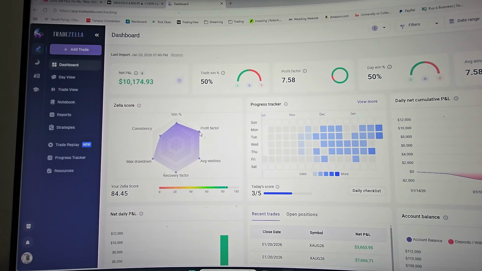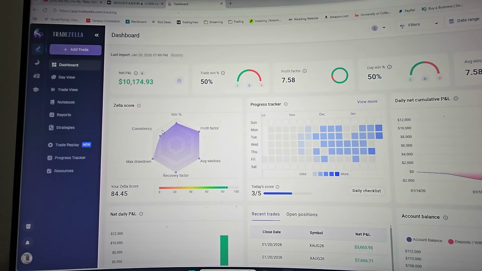So our profit factor is at 100, pretty good. Our average win to loss is at 100, pretty good. Our recovery factor is at 100, pretty good. Recovery score of 5.6. Our max drawdown is at 100, 0 drawdown, okay. Our win rate is on 83 with a 50% win percentage.